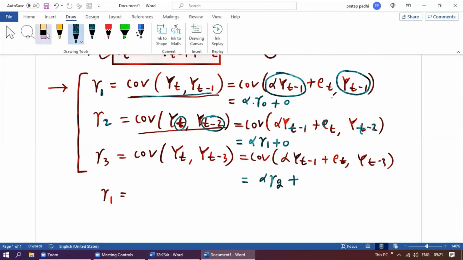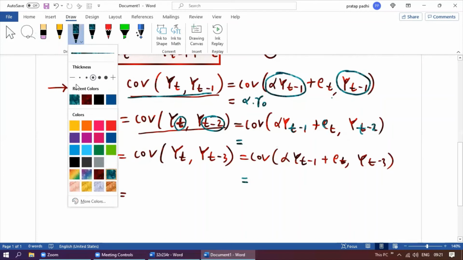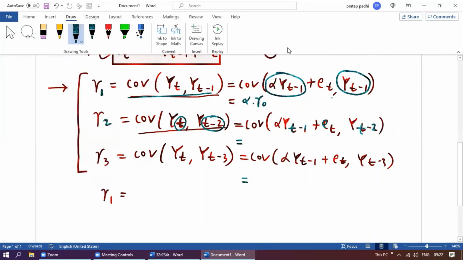Again there is a problem. Okay, this is alpha gamma naught plus covariance of et yt minus 1. That is 0. Yeah, that was fine, that is 0.